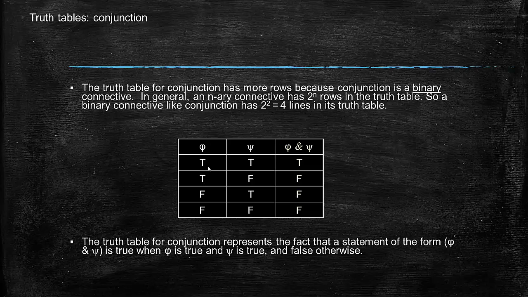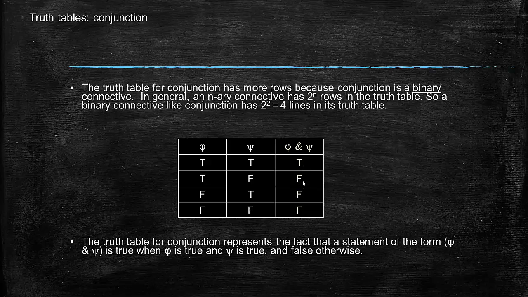So with and, you have 4 possible combinations. You could have phi is true and psi is true, phi is true and psi is false, phi is false and psi is true, and phi is false and psi is false. And what the truth table for and tells us is this, that if phi and psi are both true, then and is true.